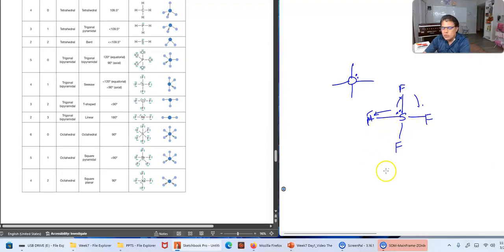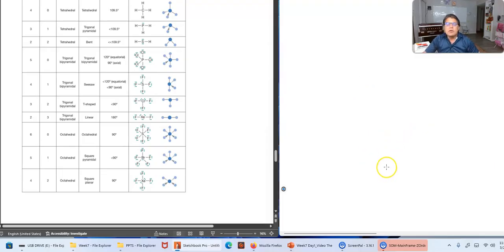So in this scenario, it is trigonal bipyramidal, like two pyramids actually, right? Trigonal bipyramidal is the electron cloud shape and the seesaw is like that.